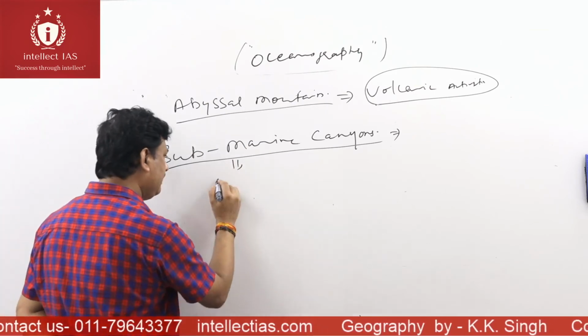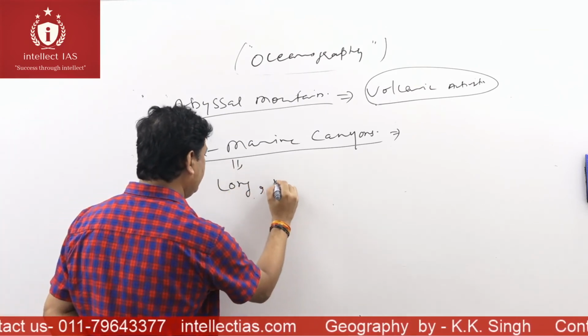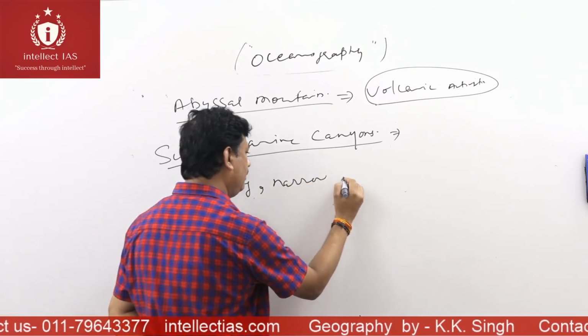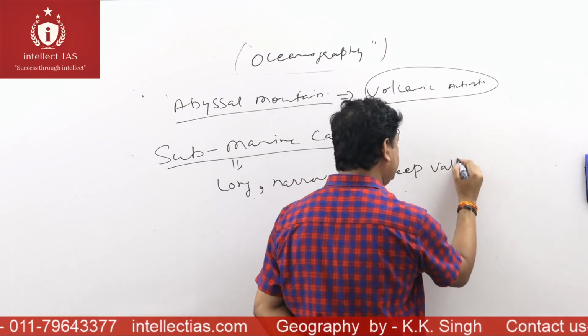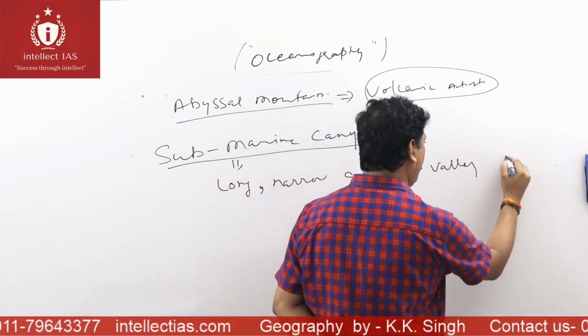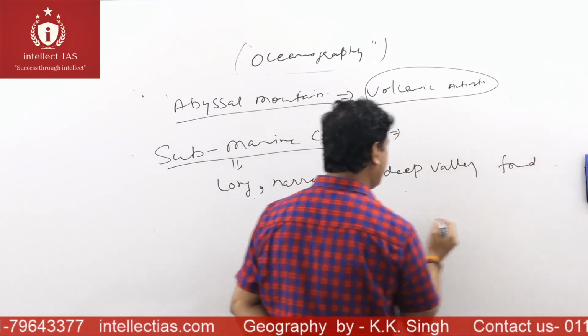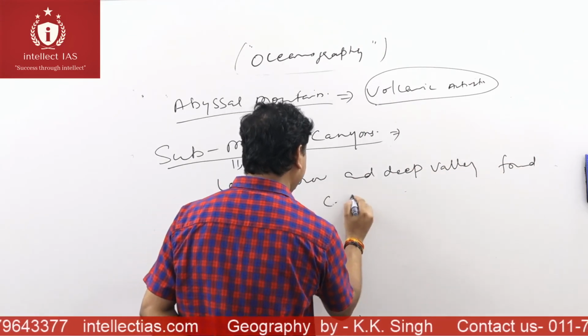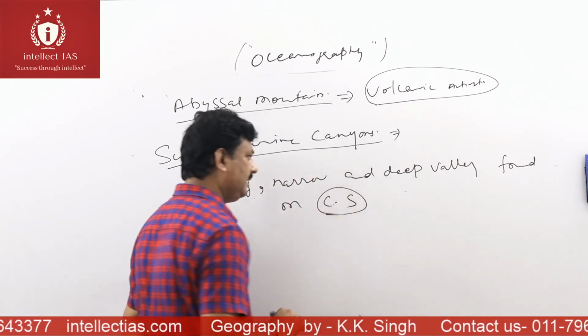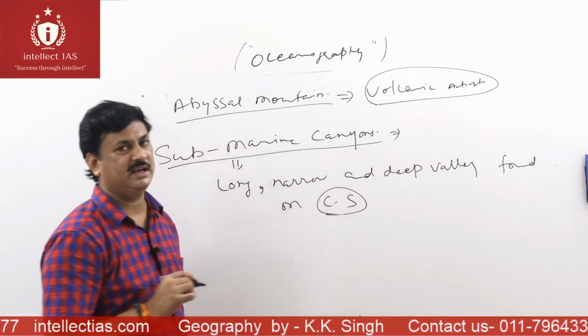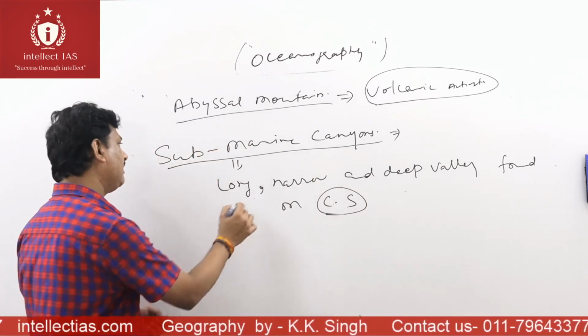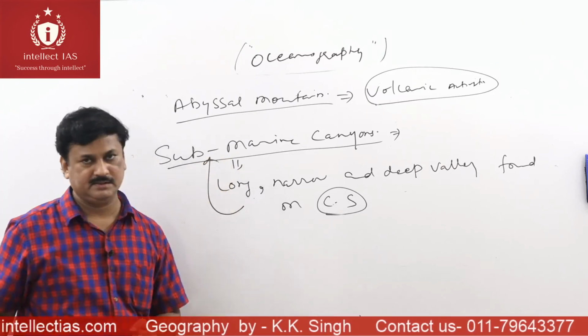These are long, narrow and deep valleys found on continental shelf. Okay? Found on continental shelf. And these valleys are called submarine canyons.